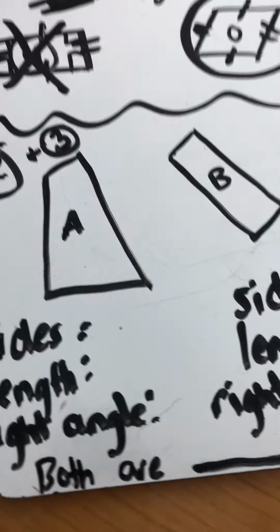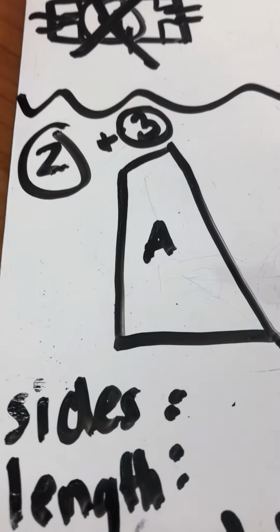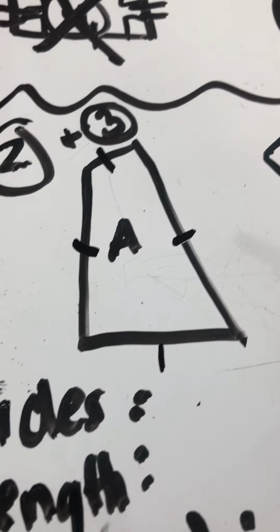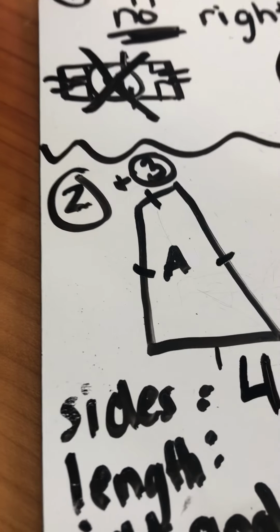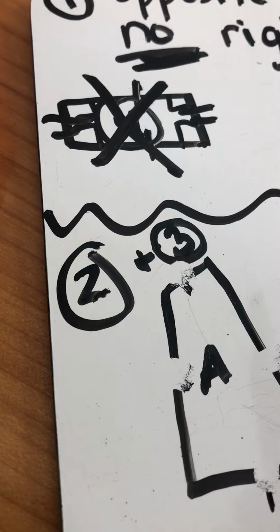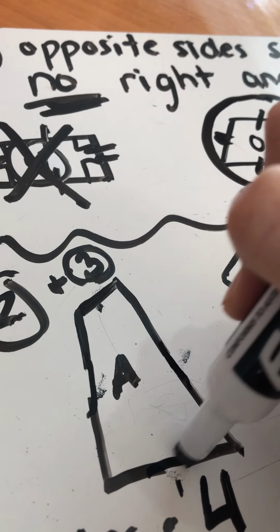Okay, number 2. Let's look at these 2 shapes and answer some questions about them. Shape A. How many sides do we have in shape A? 1, 2, 3, 4 sides. Now, do any of these sides have the same length?